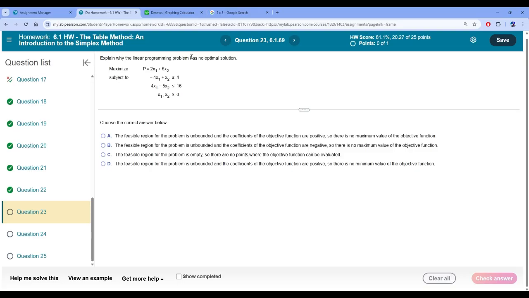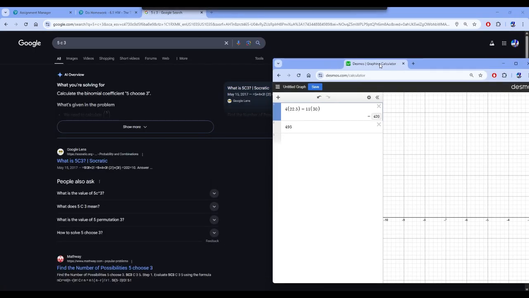All right, explain why the linear program has no optimal solution. So here, this is less than 4. This is less than 16. It's bounded. I mean, I could look at this, right? We should be able to look at this. So let's take a look at what this graph looks like.